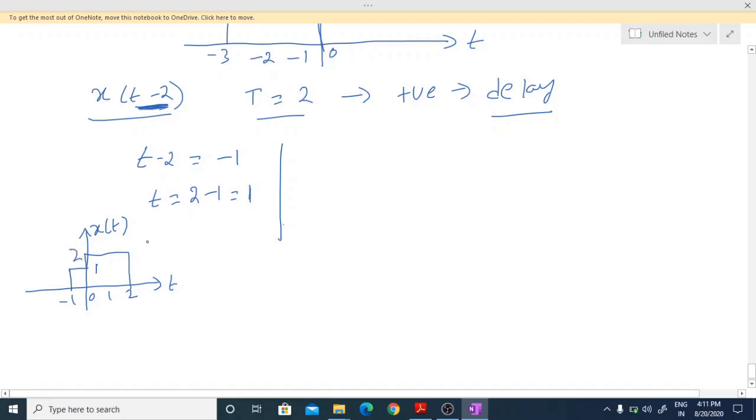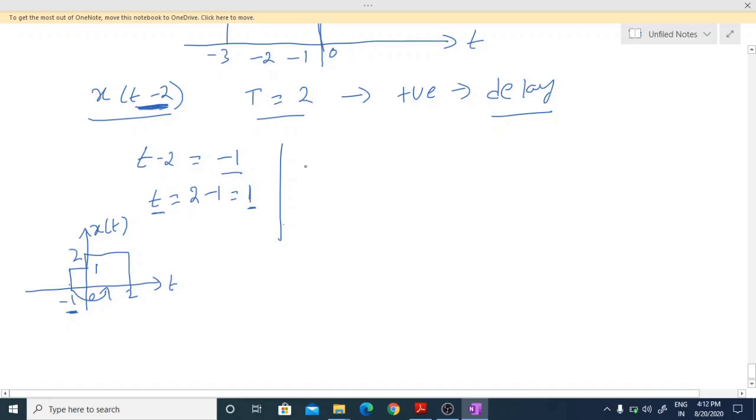If t minus 2 equals -1, then we get the t value as 1. That means the signal starting position -1 will be shifted towards the right side to the position +1.